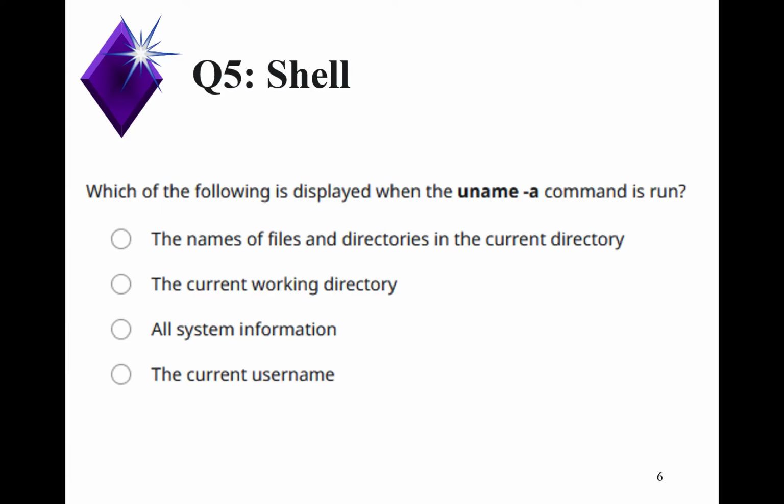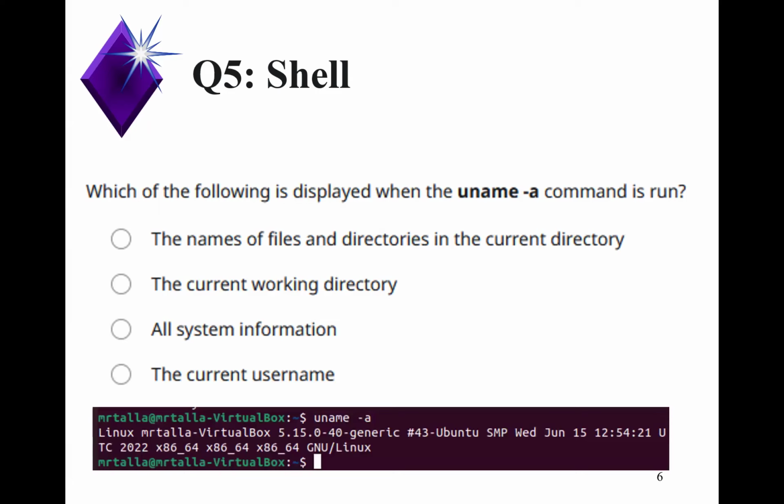For example, you enter uname -a and you get the system information: Ubuntu, SMP, x86. So just the system information.